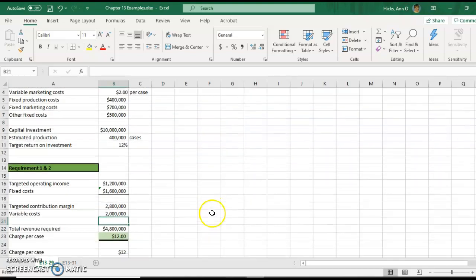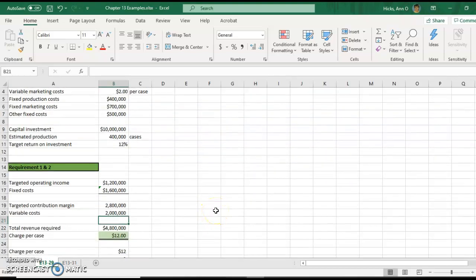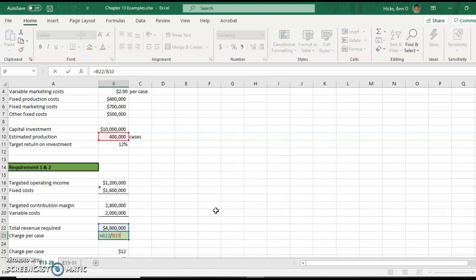If we add the variable cost to the targeted contribution margin, we come up with the total amount of revenue that we would require in order to meet our targeted operating income, and that's $4.8 million. Then from there, it's just a matter of dividing that by the estimated sales to come up with the price or charge per case, and that's $12 per case.